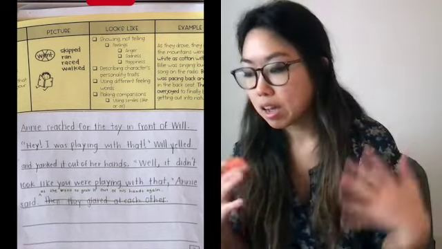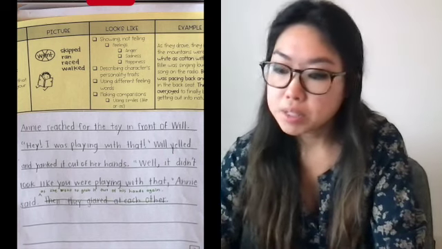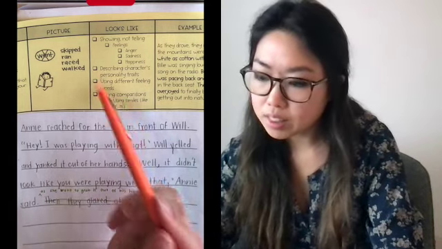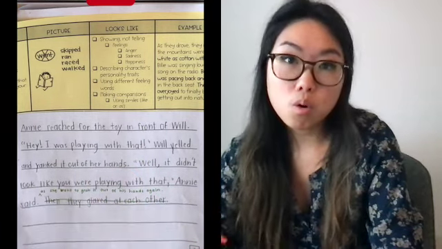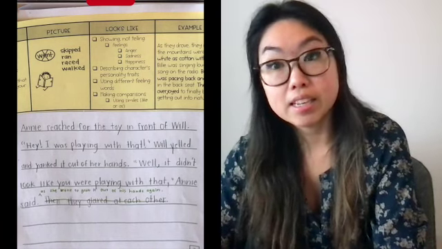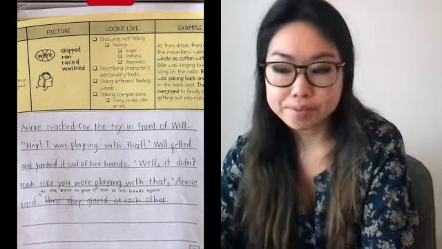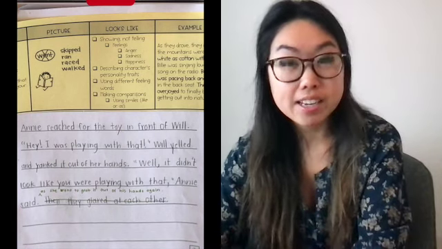I was really thinking, how can I show that I'm adding some more details? But today I really want to focus on showing, not telling, and thinking about how can I maybe use some different feeling words or show what Annie and Will might be feeling as they're arguing over this toy. So I know that Annie and Will would probably be frustrated or mad.